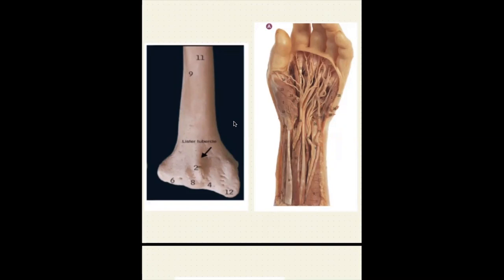If you do have the hand in your exam and this picture is incorrectly given, they would still ask you. So could you tell me what is number 2? Lister tubercle. No, this portion. Sorry, this one.